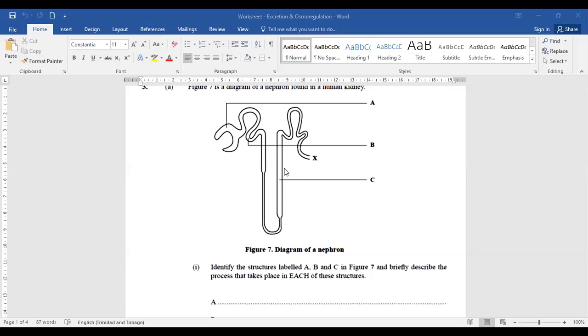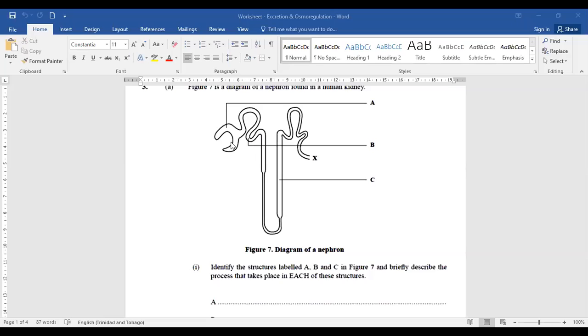And all around each nephron you have blood vessels entangled around it, so that whatever substances are not needed to be passed out but are needed by the body will become reabsorbed. Hence the reason we have the entangling of blood capillaries all around.